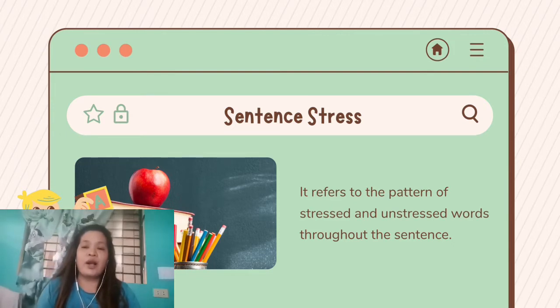Try to observe this. It's incredible. It's astonishing. Oh, it's unbelievable. Try to observe this sentence stress. It is a group of words with different expressions, with different emotions.